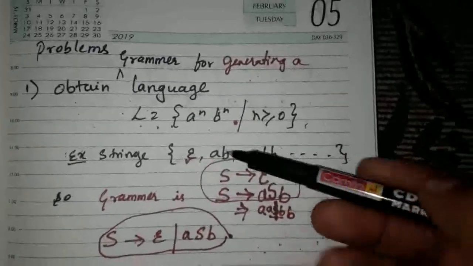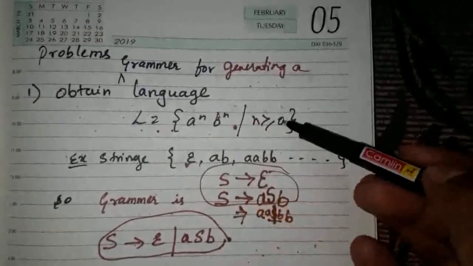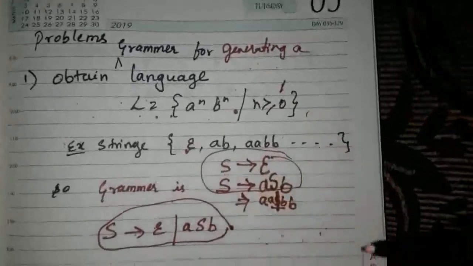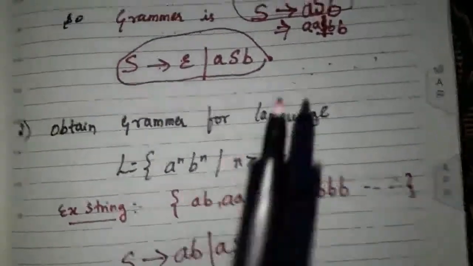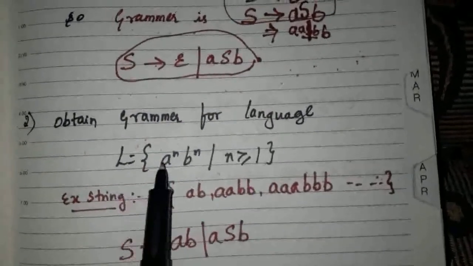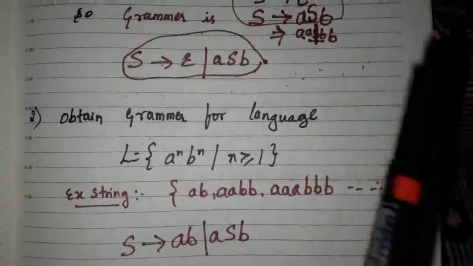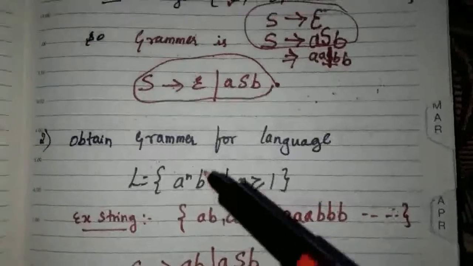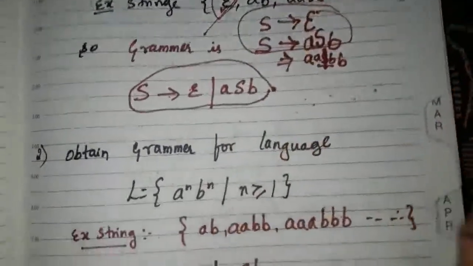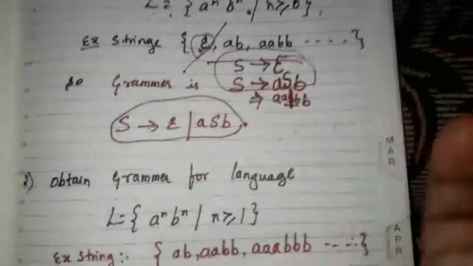Now, if the same problem is changed to n greater than or equal to 1, we'll see what happens to it. Now see here, obtain the grammar for language L is equal to A power n B power n where n is greater than or equal to 1. Now what happens is, the epsilon I had here will not be there anymore. So I removed epsilon from here. Its equivalent production will also be removed.